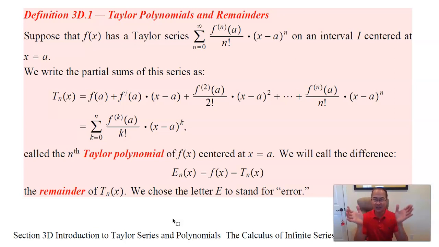Remember, we took 10 terms, we took s sub 10, and we said that the exact sum is between two integrals. Remember that? Integral from 11 to infinity on the left and 10 to infinity on the right.